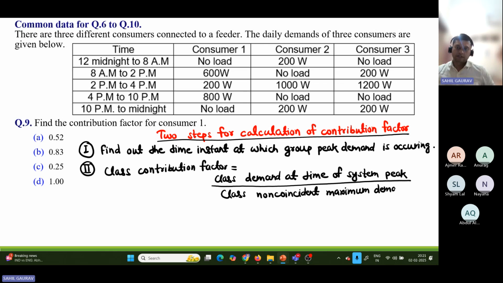So I have given you the hint. You just try. I will give you 30 seconds or 1 minute. You can type your answer in the chat box.